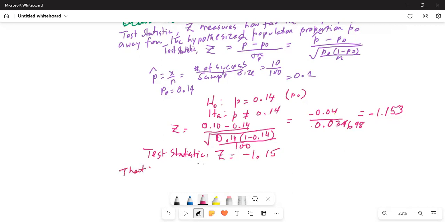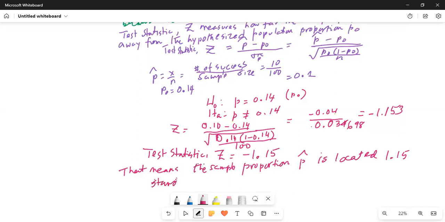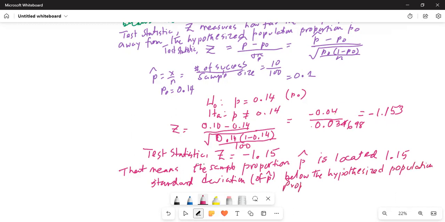That means the sample proportion P hat is located 1.15 standard deviations of P hat below the hypothesized population proportion P0 of 0.14.